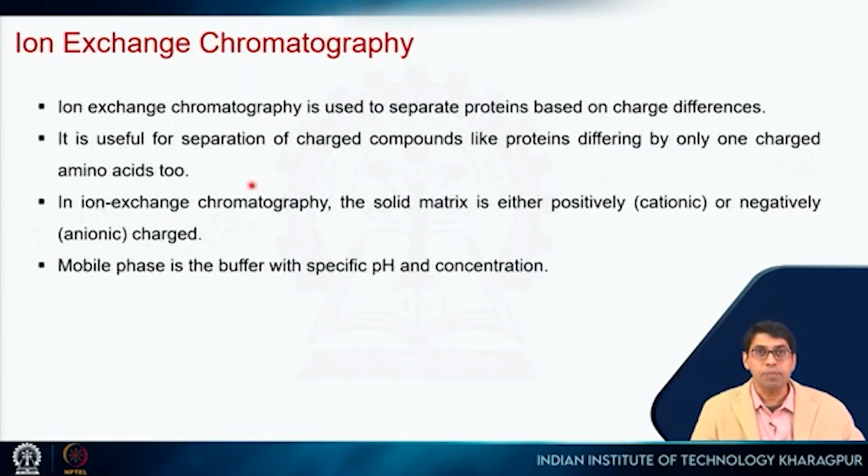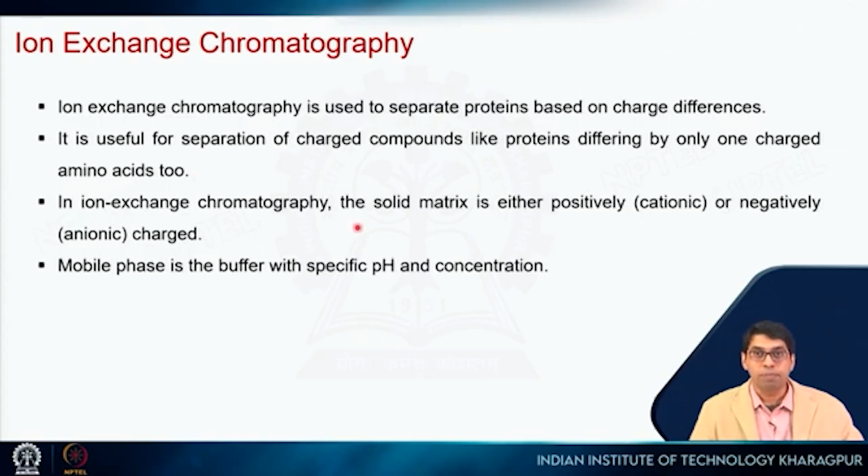Okay. Ion exchange chromatography. So, ion exchange chromatography is used to separate proteins based on their charge differences. It is useful for separation of charged compounds like proteins differing by only one charged amino acid, right. So, for example, let us say you have mutated glutamic acid to an alanine. So, you have made a change in charge, you can separate out this mixture of these 2 proteins using ion exchange chromatography.